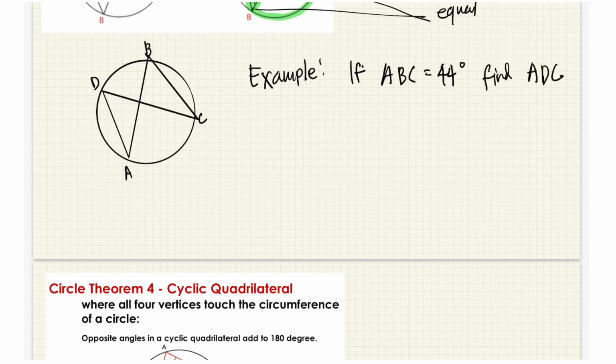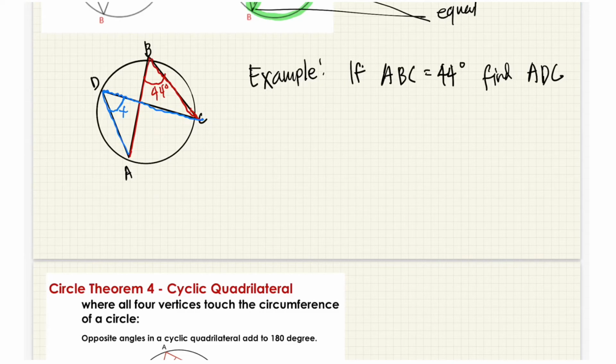So therefore, ABC here is 44 degrees, and you have to find ADC, the angle here.